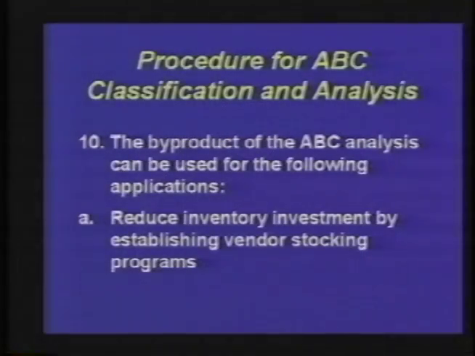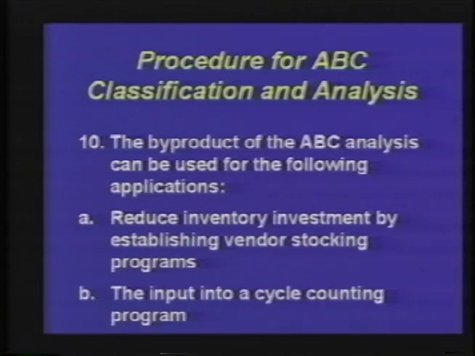And last but not least, on page 16C are some of the key byproducts of the ABC analysis. The first would be a reduction of inventory investment through the vendor stocking program. Again, we're going to go through that in detail and show you how to accomplish that.